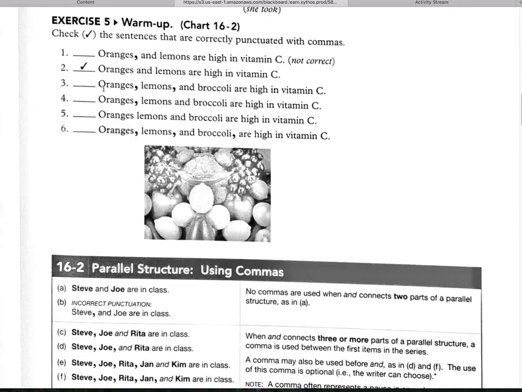Oranges, comma. Lemons, comma. Here's your conjunction, and broccoli are high in vitamin C. Look at number 4. Oranges, comma, lemons and broccoli are high in vitamin C. What do you think? Is that correct or incorrect?